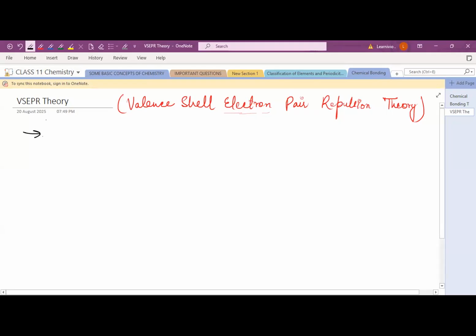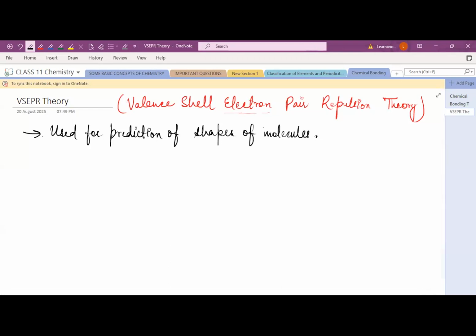So what is VSEPR theory basically? It is used for the prediction of shapes of molecules. We can predict the shapes of molecules due to this theory.